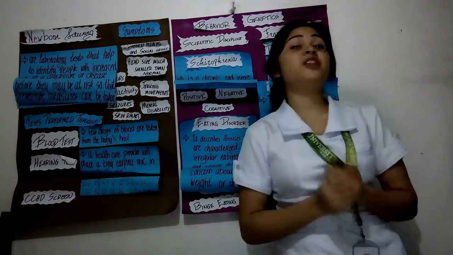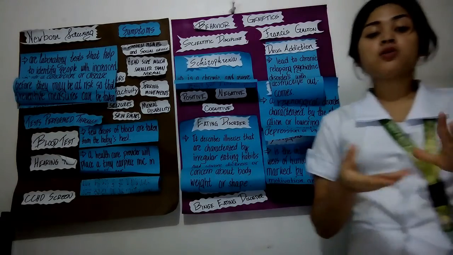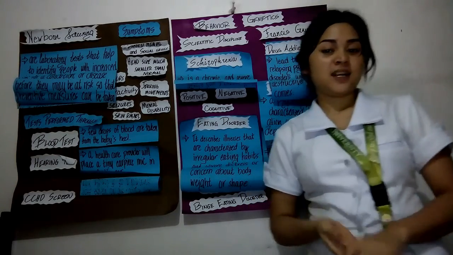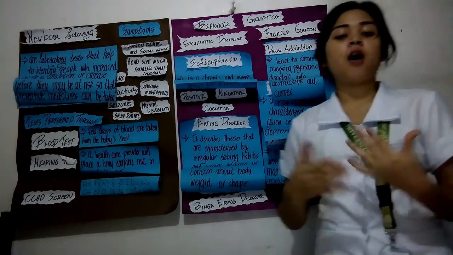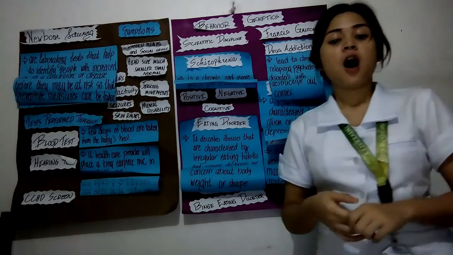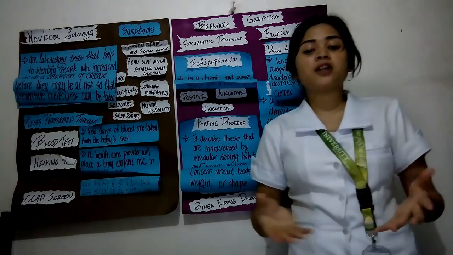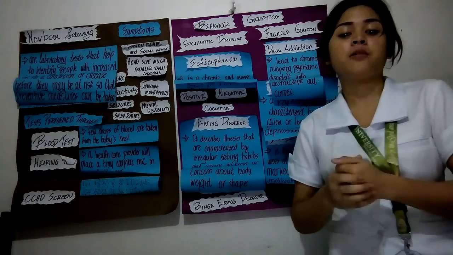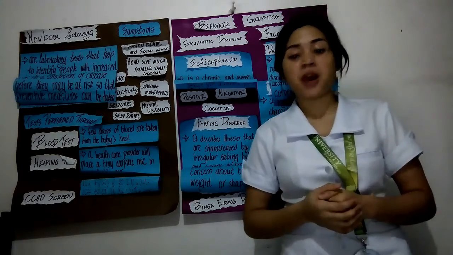What is behavior genetics? It is also called psychogenetics, the study of the influence of an organism's genetic composition on its behavior and the interaction of heredity and environment insofar as they affect behavior.